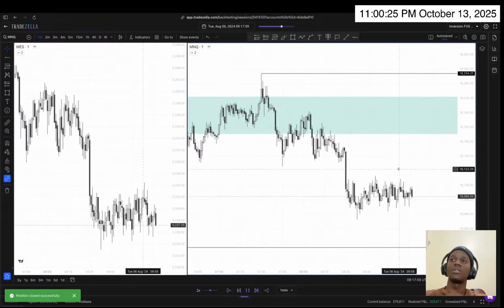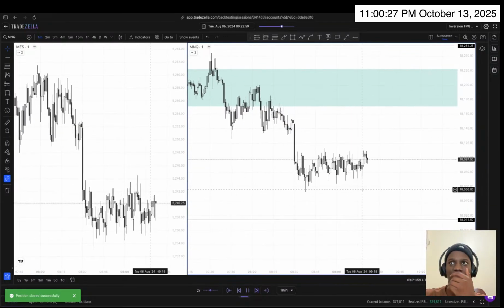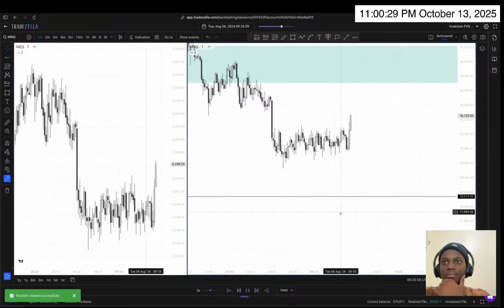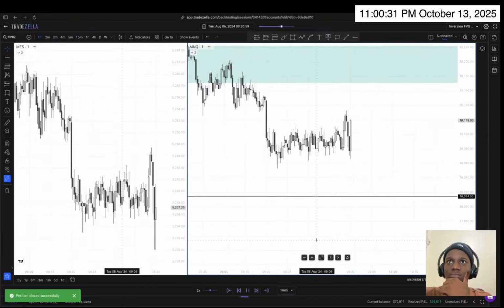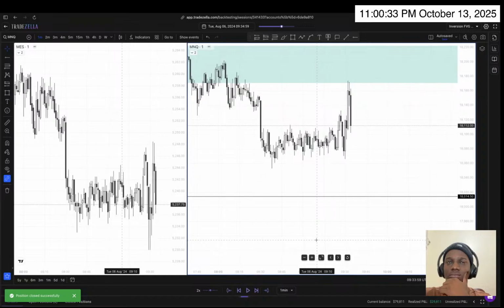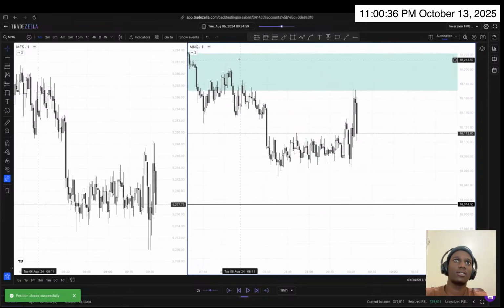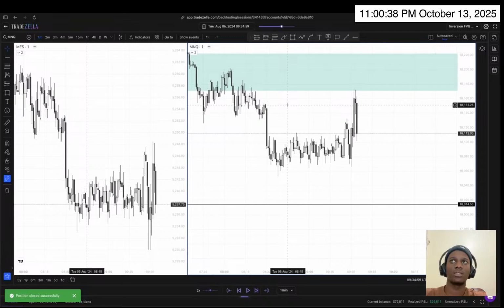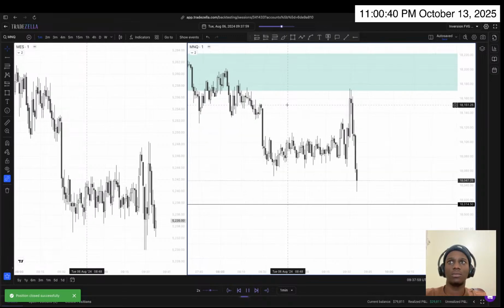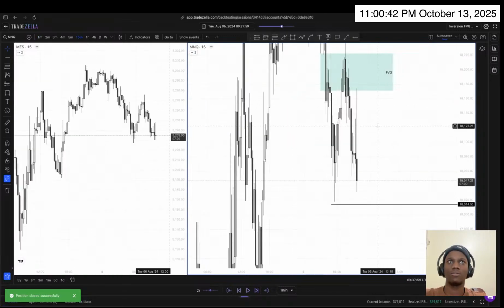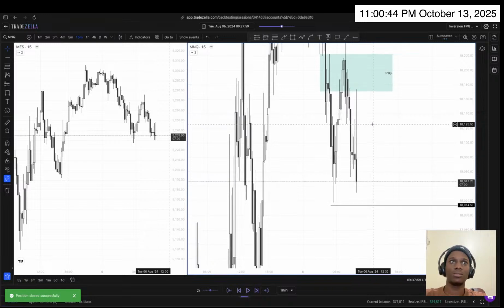So we wait. I'd like to see another internal manipulation before I take any entry. Right. So we're pretty close to this size here. I'd like to wait a little bit more. 15-minute retracement into these gaps here.